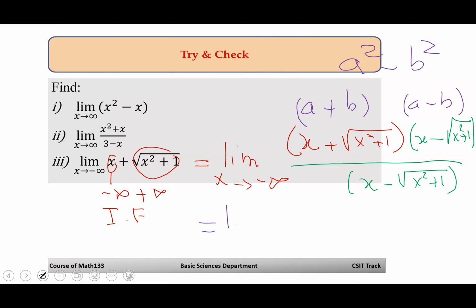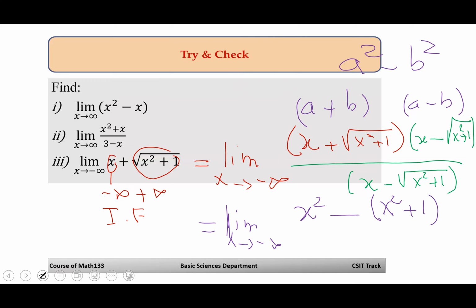So my conclusion will be the limit as x approaches minus infinity of x squared minus, and here be careful, what is inside the square root is x squared plus 1, but there is a minus in front of it, so I will put parentheses, x squared plus 1.